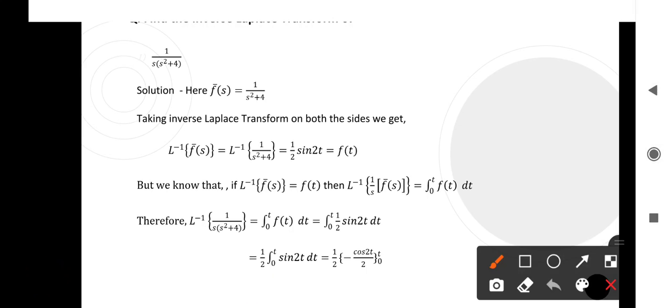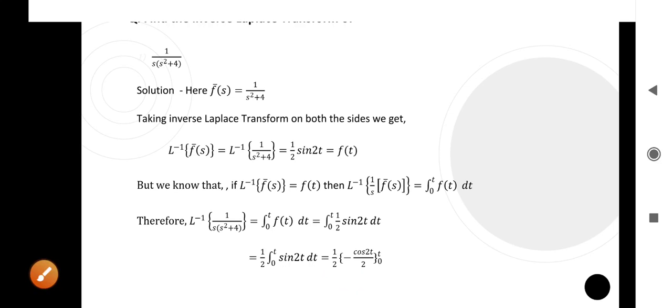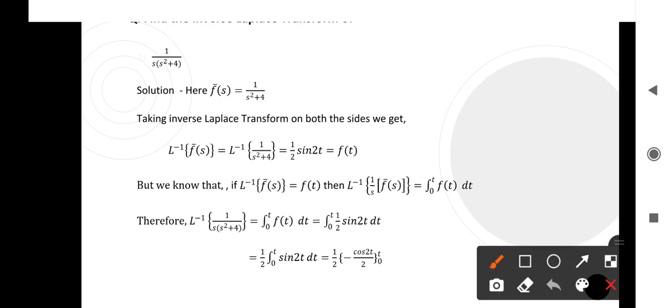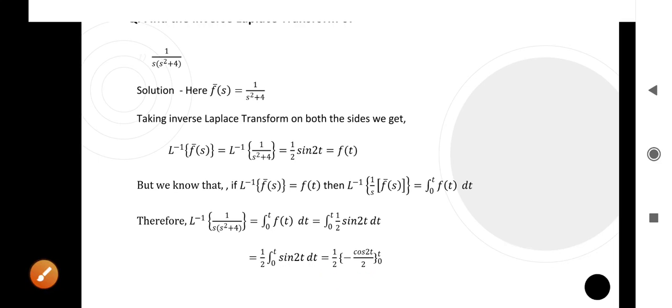Integration of sine 2t is minus cos 2t divided by derivative of 2t, that is 2, within the limits 0 to t. Now here the complete constant multiplier is minus 1 by 4. 1 by 2 out of the bracket and minus 1 by 2 inside the bracket. So total constant multiplier is minus 1 by 4.